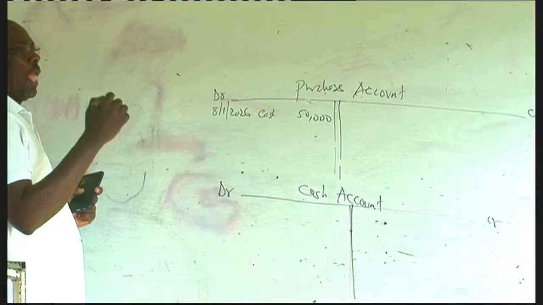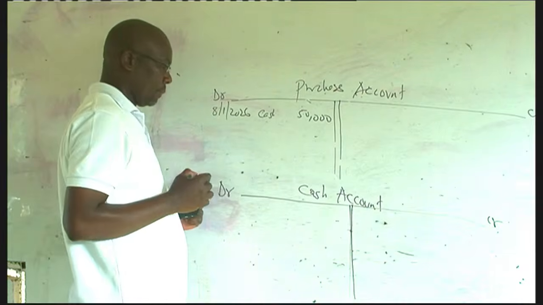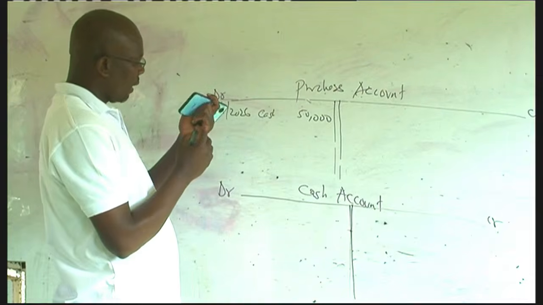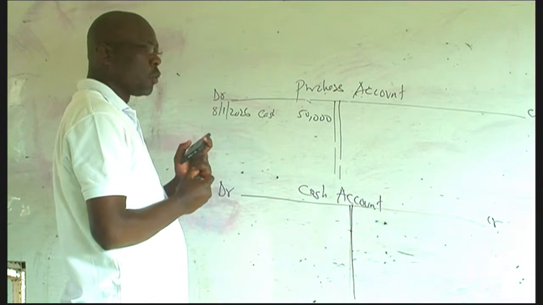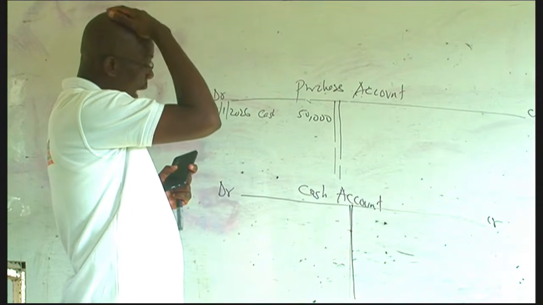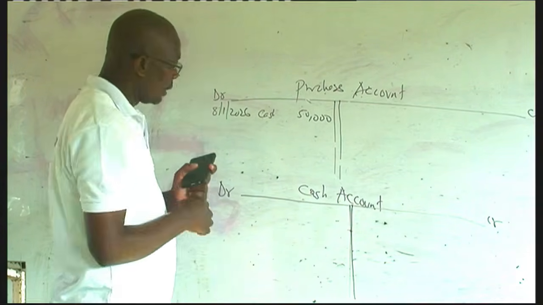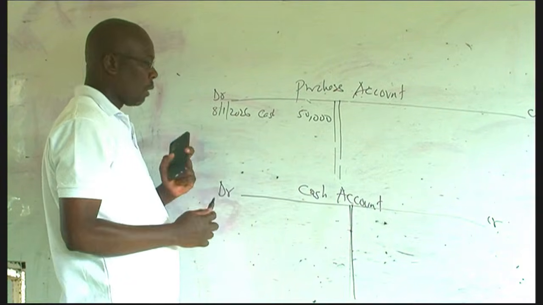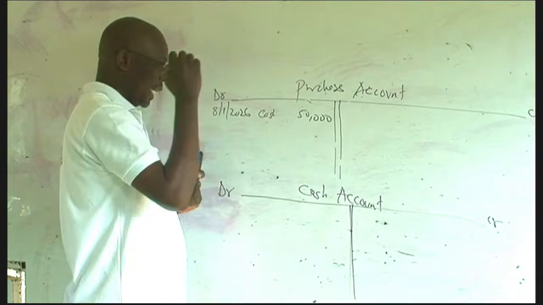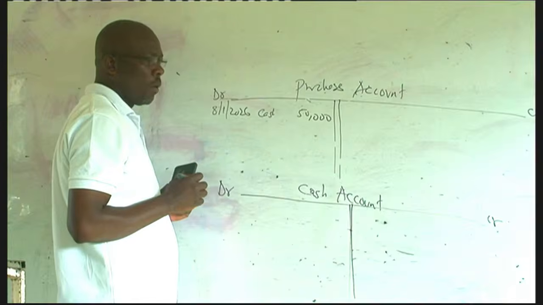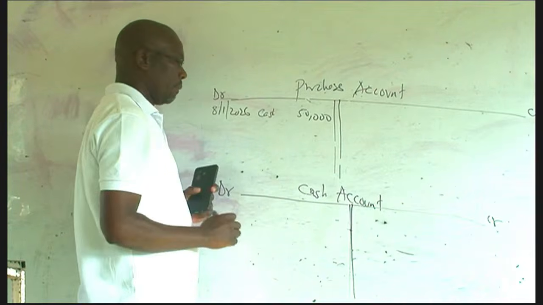Now, cash is an asset. And if you look at that transaction very well, cash has been used. So that transaction is reducing cash. And we said any transaction that reduces an asset is credited. That is the rule that we talked about. So we are going to credit cash. But we have used cash to buy what? Stock.